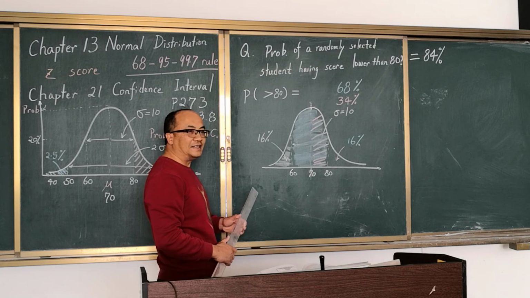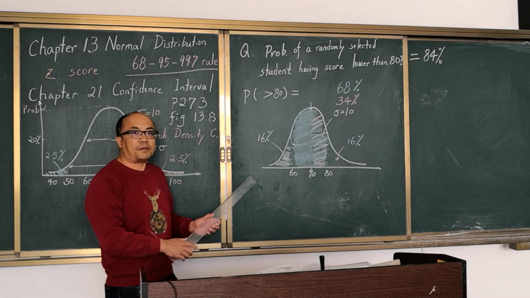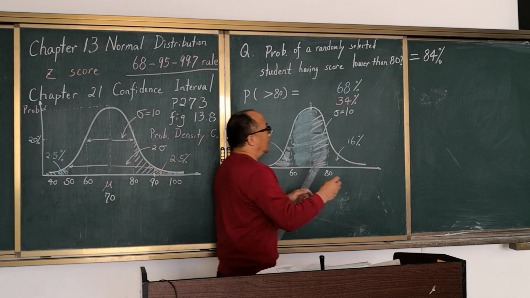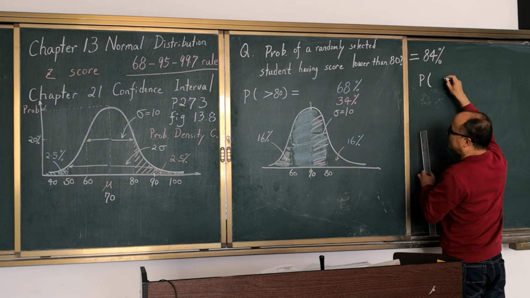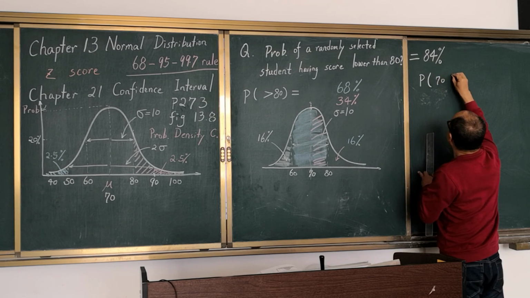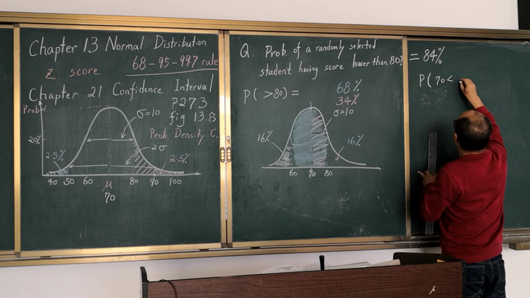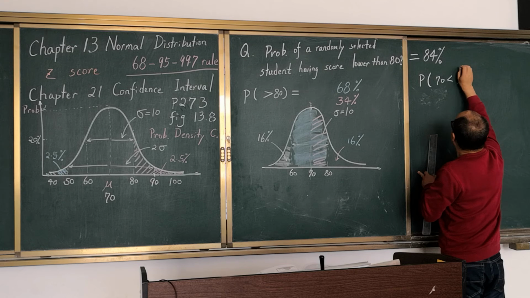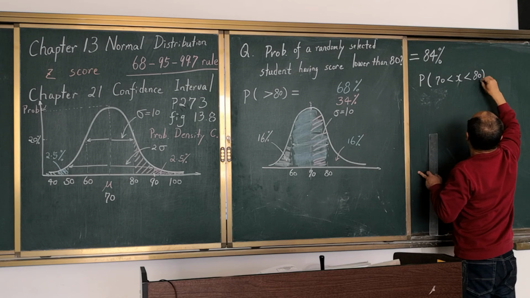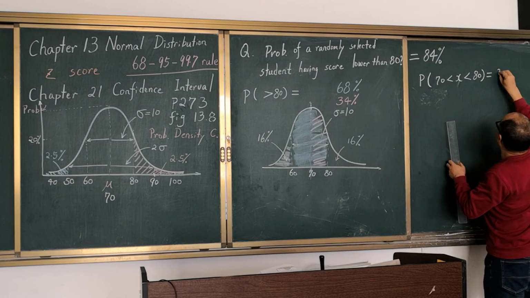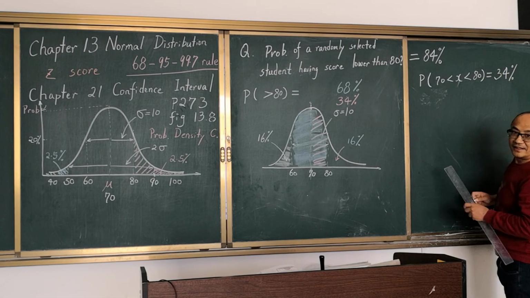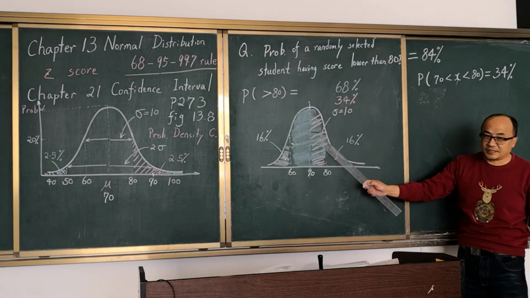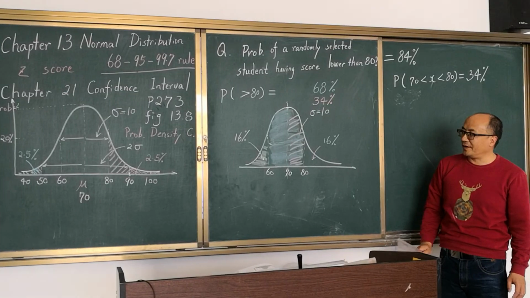What's the probability that, what's the symbol, that x is greater than 70 and lower than 80? What's the probability? 34%. Is that it? 34%. Okay. Is this the pink one? Are you following?